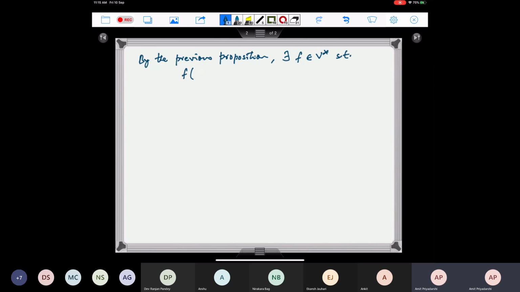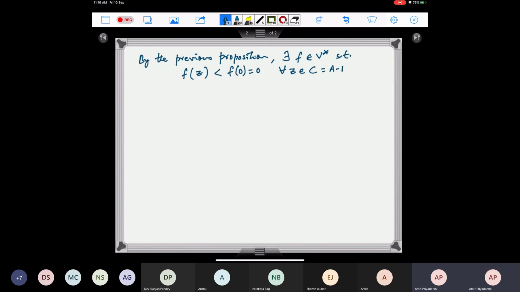But what is f of x naught? f of x naught here is f of 0, which is 0. So this will mean that there exists f such that f of z is less than f of 0, which is 0, for all z in C.